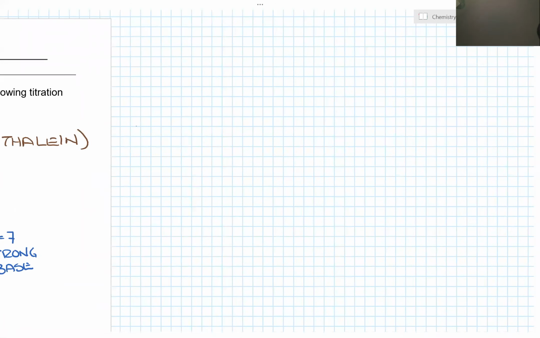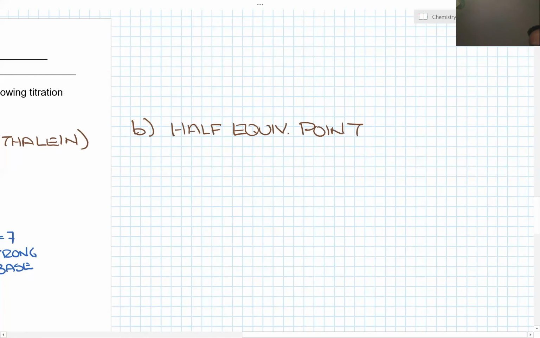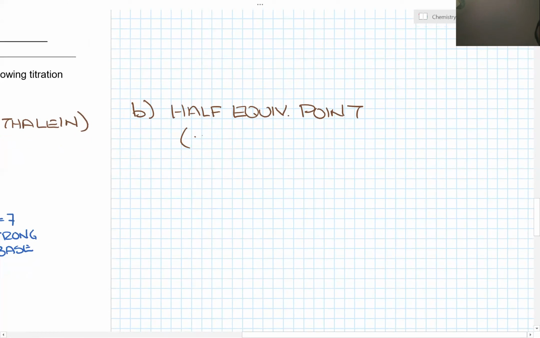So when we talk about B, when we say half equivalence point, what that means is it is half the volume to reach equivalence. Now, what's the significance of this particular point?